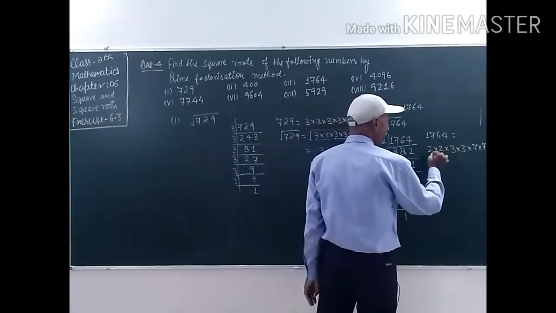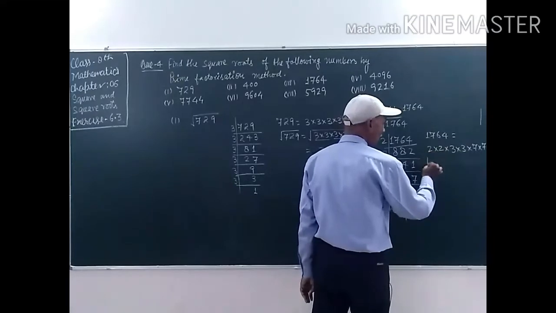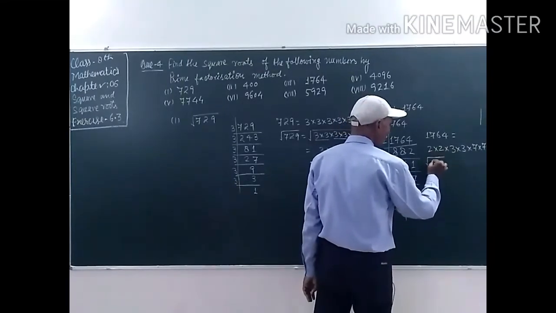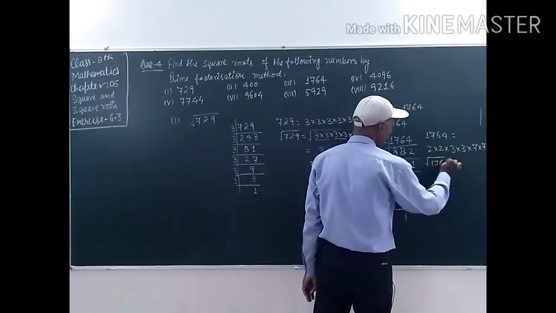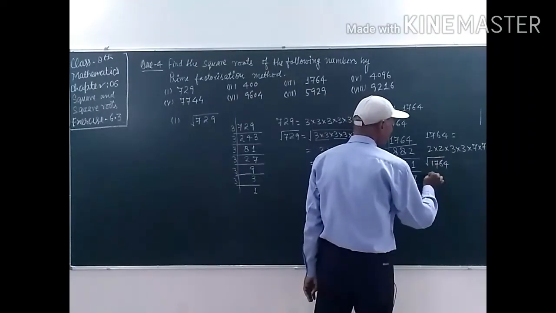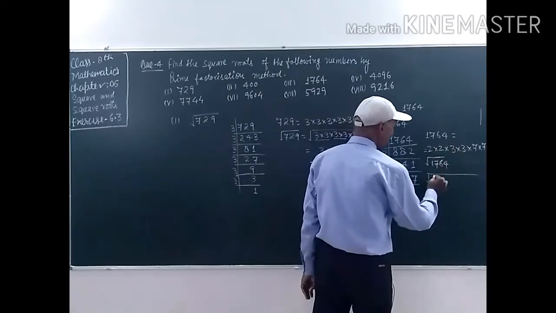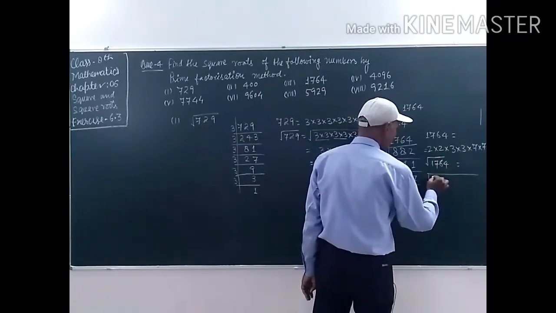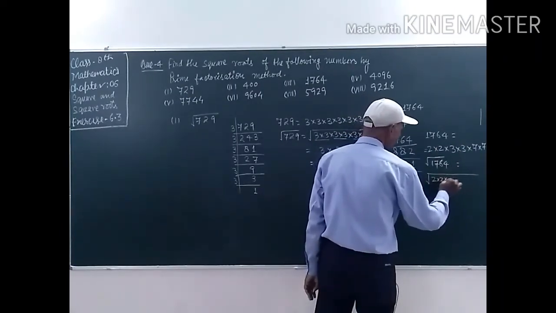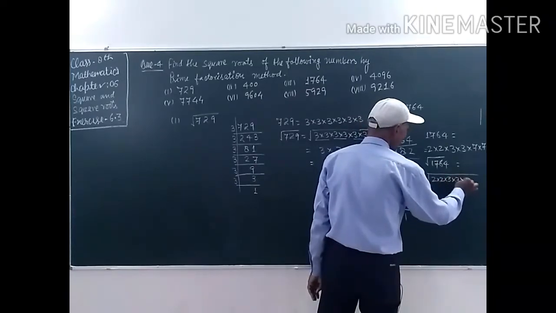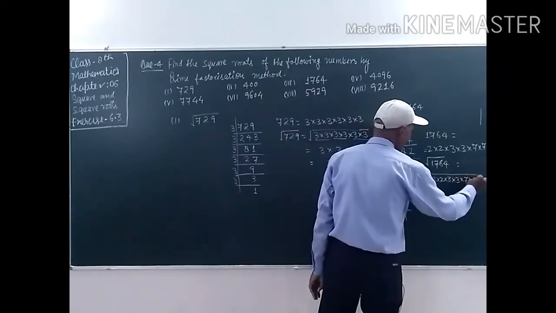Now we have to find the square root of 1764, which is equal to the square root of the prime factors of this number, that is 2 into 2 into 3 into 3 into 7 into 7.